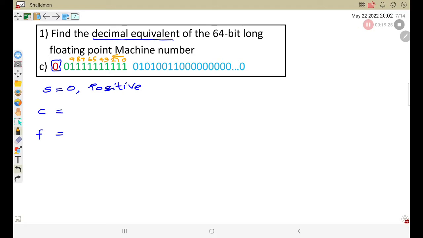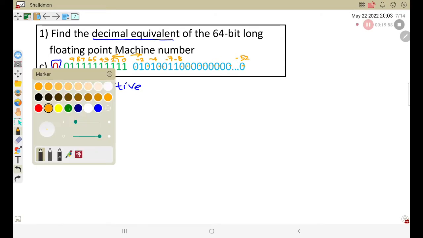In the same way for the fractional part, the minus 1st position is 0, minus 2nd position we have 1, minus 3rd is 0, minus 4th is 1, minus 5 is 0, minus 6 is 0, the minus 7th and minus 8th positions we have 1. The remaining bits are all 0 up to minus 52. Totally 52 bits.